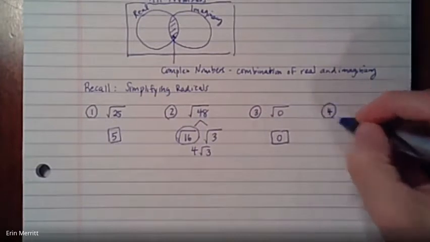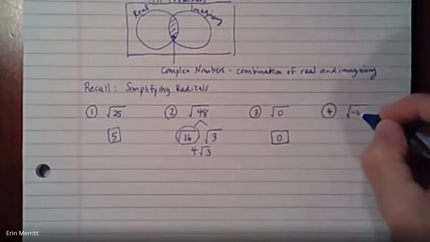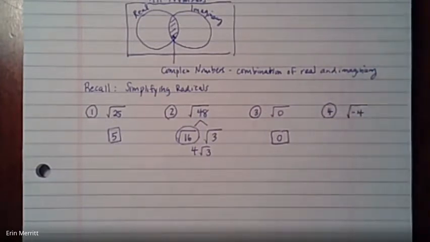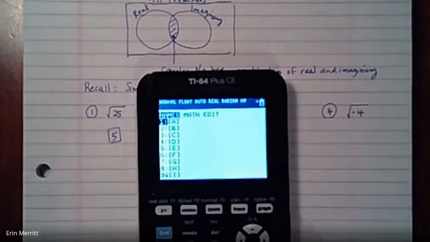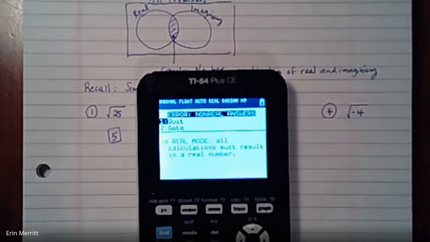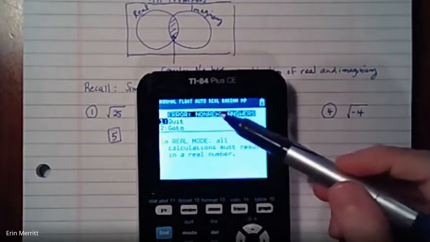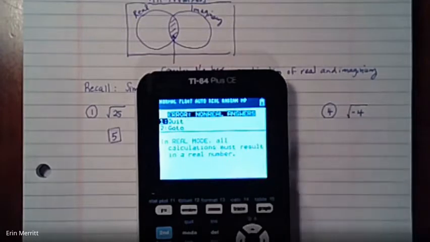Where we run into an issue is if I ask you to take the square root of something like negative 4. Technically, we can simplify it. But if I type into my calculator the square root of negative 4 and hit enter, what you should get is a quit or an error, a non-real answer, because that's what we're talking about here.